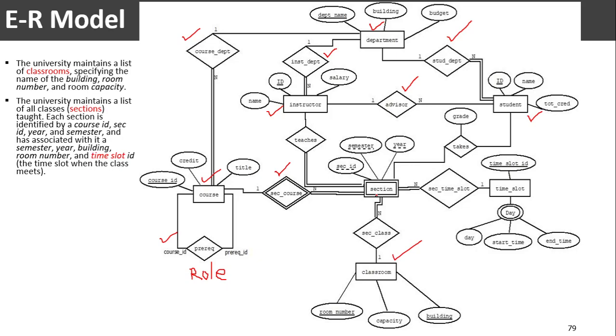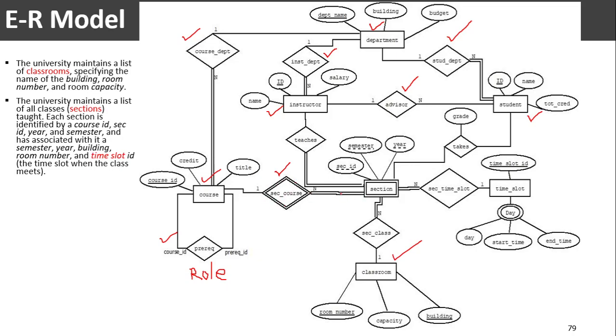So section depends on course, and these two are related with this identifying relationship set section course. Always the weak entity set participates totally in the identifying relationship set, and that is the property of the weak entity set. So the weak entity set must totally participate in the identifying relationship set.